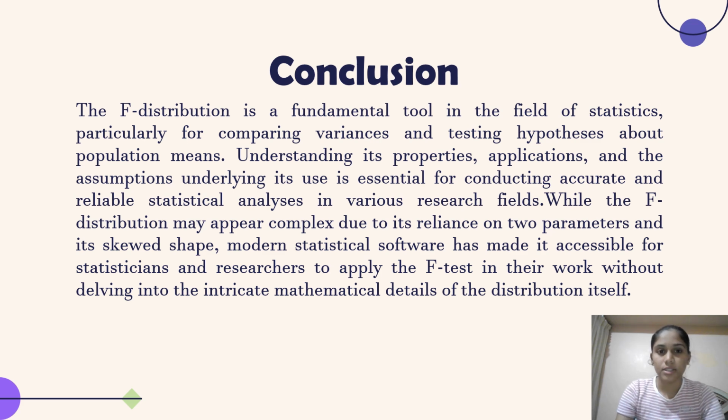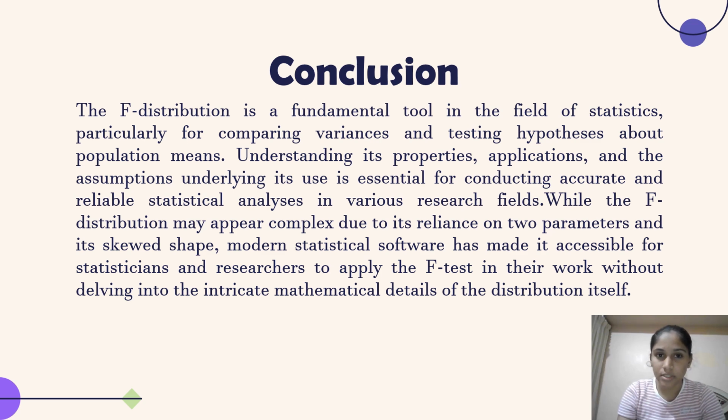Conclusion. The F distribution is a fundamental tool in the field of statistics, particularly for comparing variance and testing hypotheses about population means. Understanding its properties, applications, and assumptions underlying its use is essential for conducting accurate and reliable statistical analysis in various research fields.